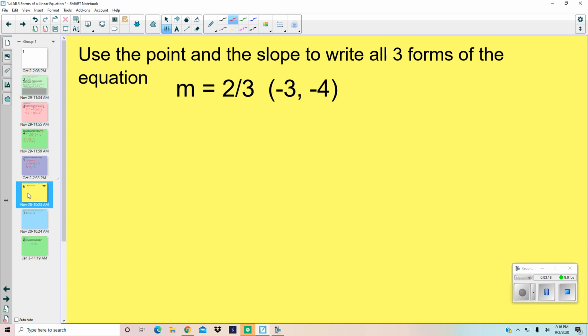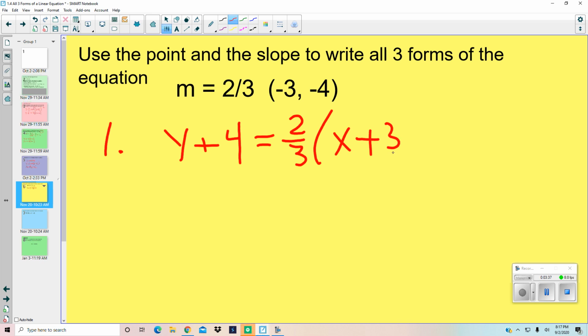So if I asked you to write all 3 forms, point-slope form is the very first one that comes to mind because it's the easiest. I can just do y minus negative 4, so it's plus 4, equals 2/3, and then x minus negative 3, so it's plus 3. Okay, so that's point-slope form.